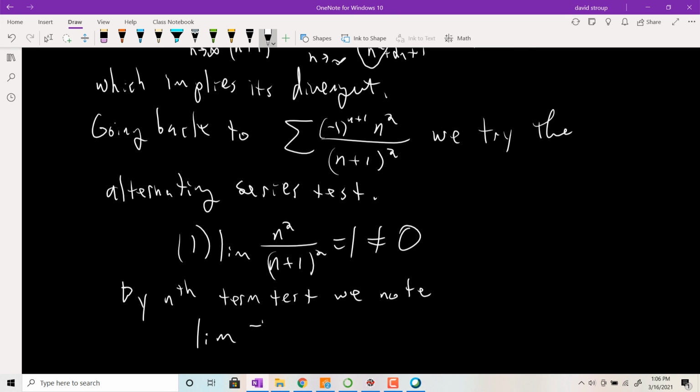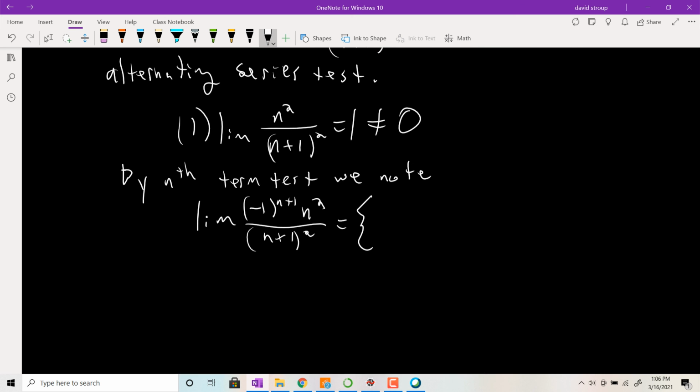The limit of negative 1 to the n plus 1 times n squared all over n plus 1 squared equals two different things, depending on whether the terms are even or odd. If the terms are even, then it's going to be negative 1. If the terms are odd, then it's going to be positive 1. In other words, the limit of the odd terms does not equal the limit of the even terms, therefore the limit does not exist.